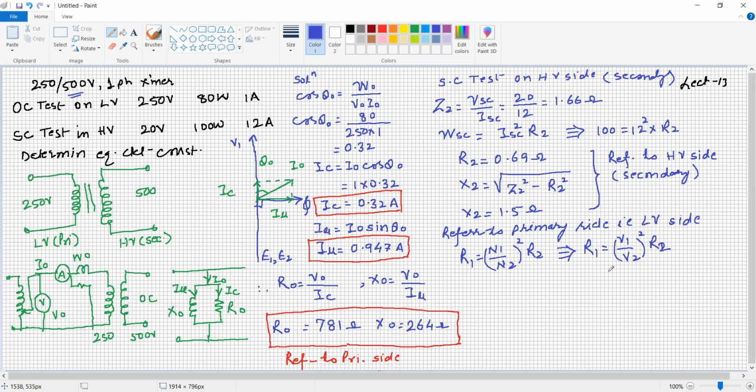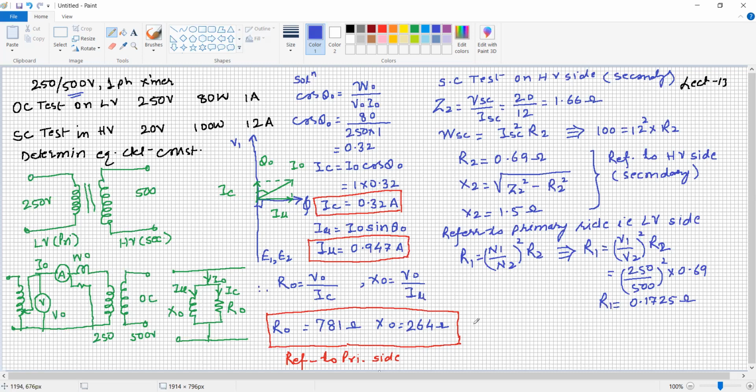So it is equal to (250 divided by 500) whole square into 0.69, and the value is 0.1725. This is the value of R1.